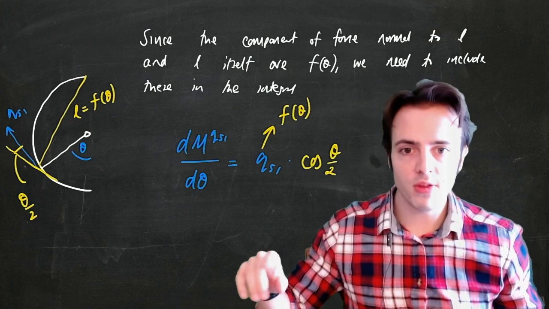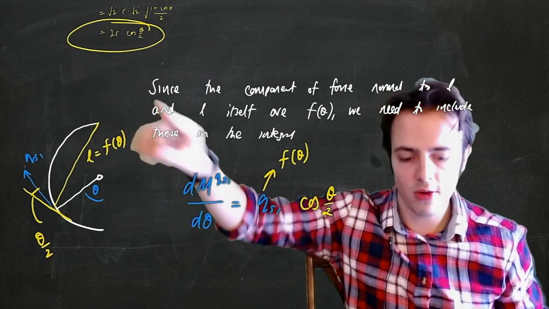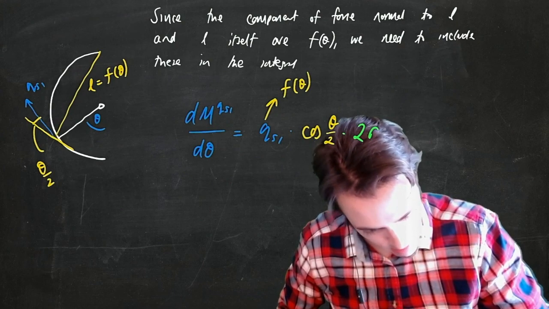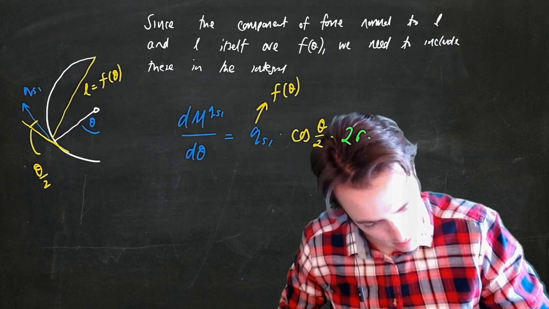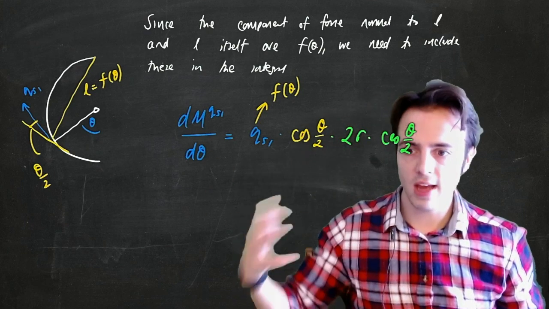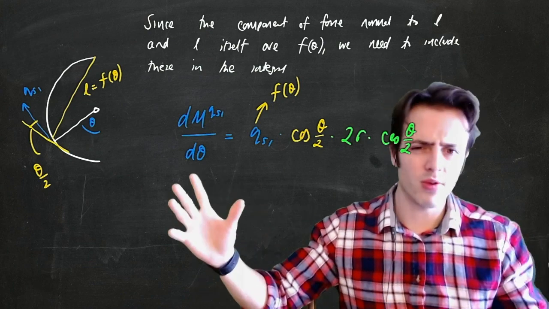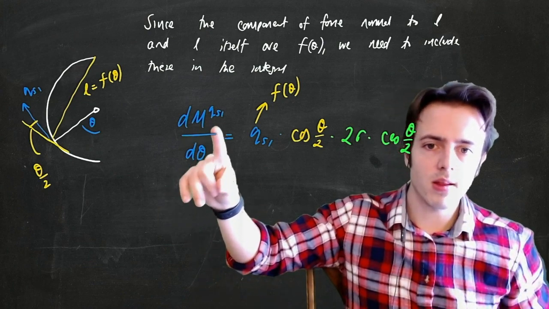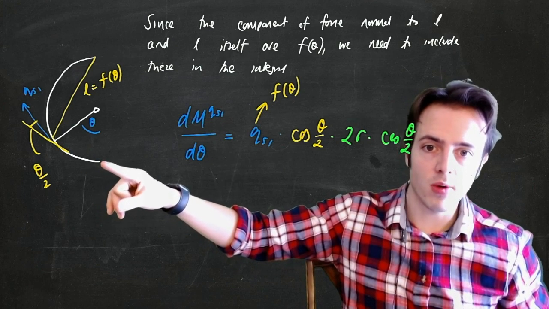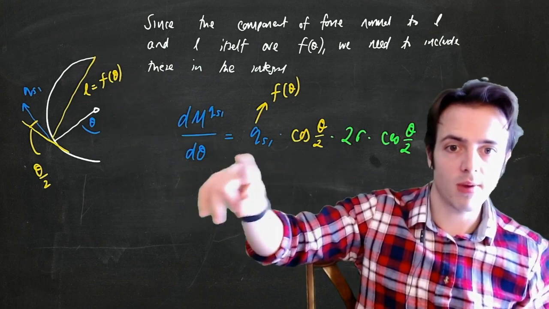And we then need to multiply it by the moment arm, which is 2r cosine theta on 2. So this is the expression that we've now got, which gives us the moment contribution due to QS1 when resolved here. Okay, so this is now just a differential expression, dMq by d theta.